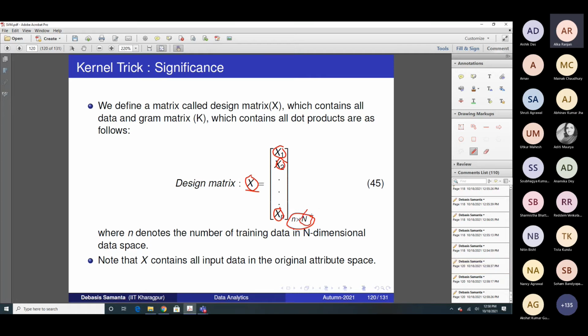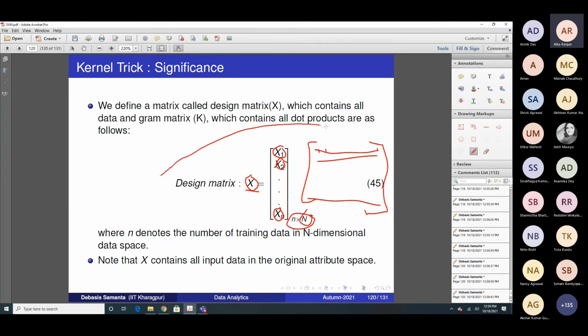It is a matrix in the form of a table. This is the first vector, the second vector, up to the nth vector, and each vector is defined with capital N dimensions. So it is an n cross N matrix.